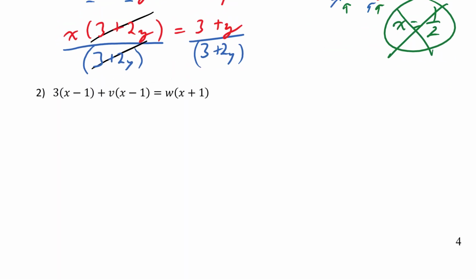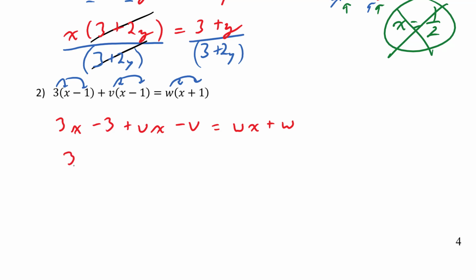Let's take up 2. Distribute. Distribute here. Now we have a v. And we distribute here. Wx. Let's move all the terms with x on one side and every term without the x on the other side. 3x plus vx.